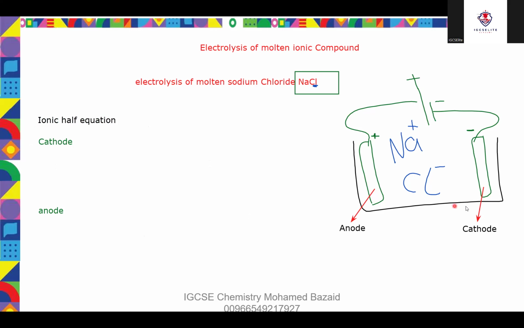Now, cathode. I said cathode is a negative. So what do you think? Cathode will attract which ion? This is negative, so will attract the positive ion or the negative ion? Write in the chat box, please.